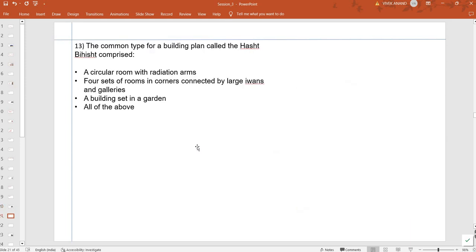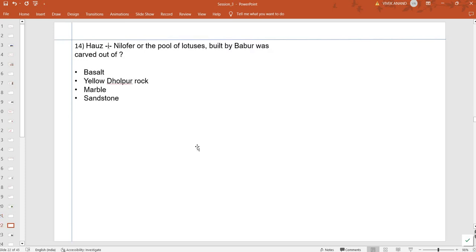A common type for a building plan called the Hasht Bihisht comprised... I think we have seen this question. Okay, let's move to the next one. Hauz-e-Nilofar or the Pool of Lotuses, built by Babur, was carved out of what? Anyone, please answer quickly. Was it basalt? Was it yellow Dholpur rock? Someone was saying something. Basalt.